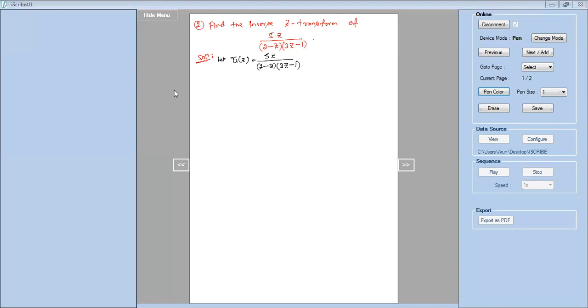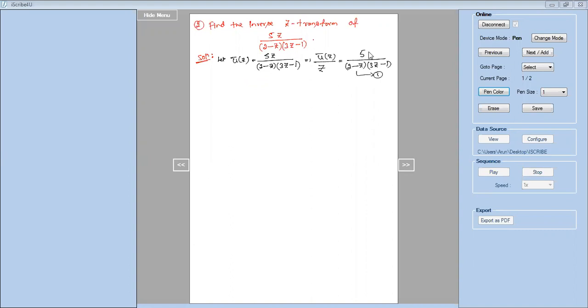The first step says, you have to take the one z which is present in the numerator of the right hand side to the left hand side. I can write this as u bar of z divided by z equals the right hand side, it is 5 divided by 2 minus z into 3z minus 1, and we call this equation 1. Right? So I'll take z to the left hand side and rewrite it like this.